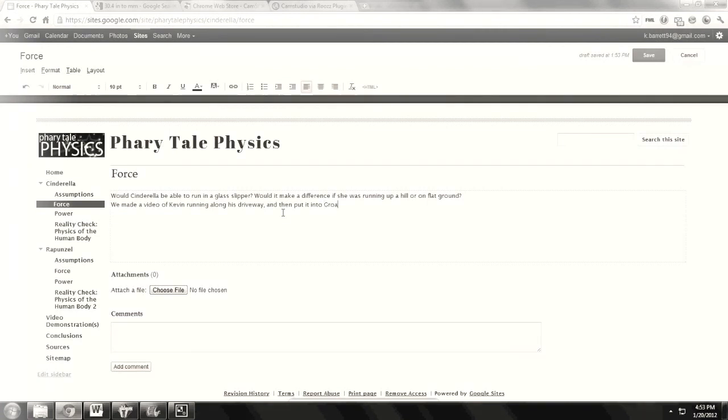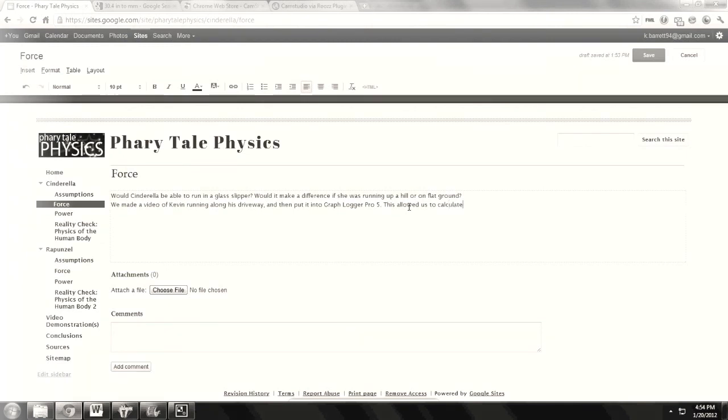Then the final tab under each of the stories is the reality check section, where we took our findings and assessed how realistic they are in terms of what we actually know goes on in the physical world. Underneath those two stories, we have our video demonstrations, because we thought that would be a good way for people to see the actual process that went into doing all of this research.